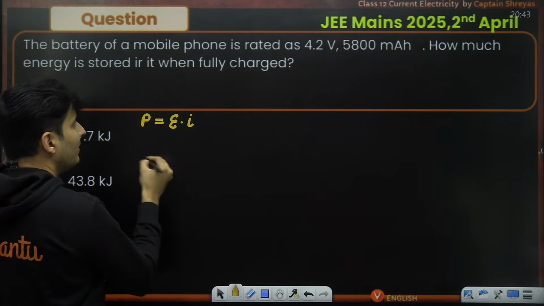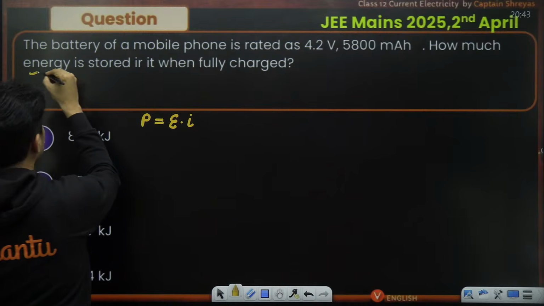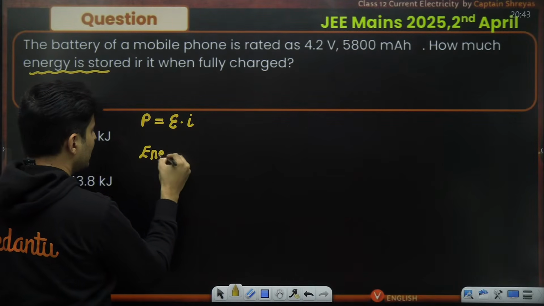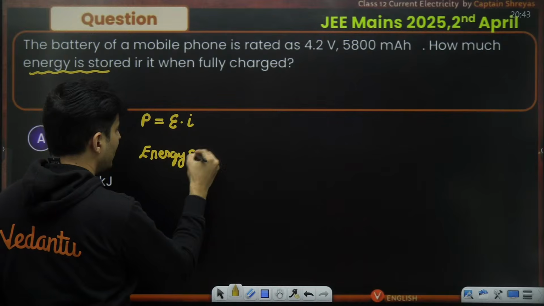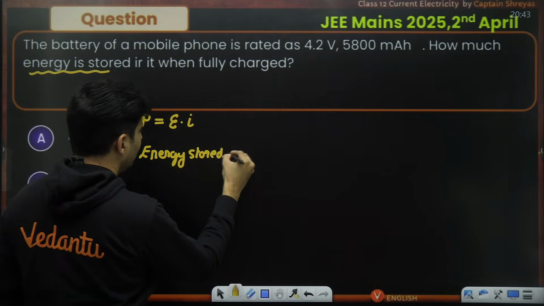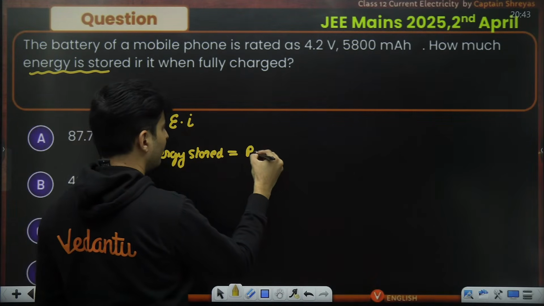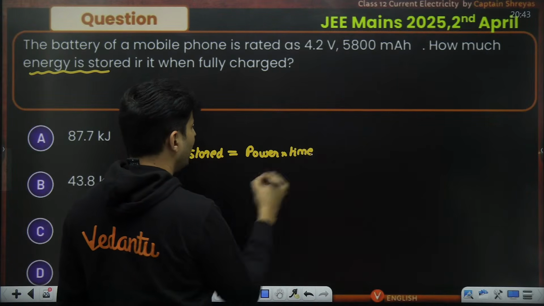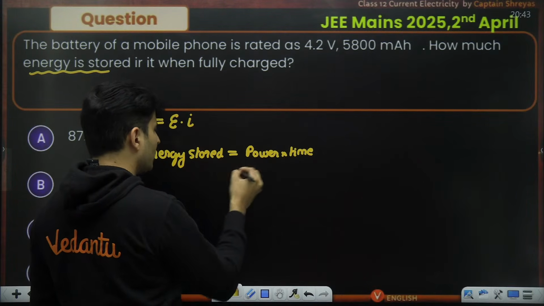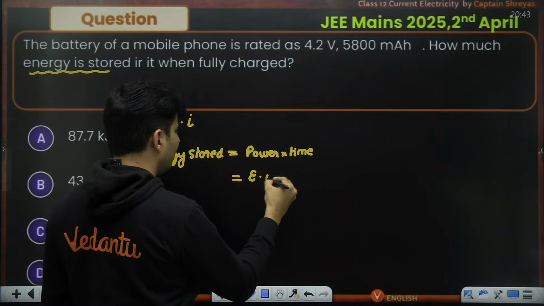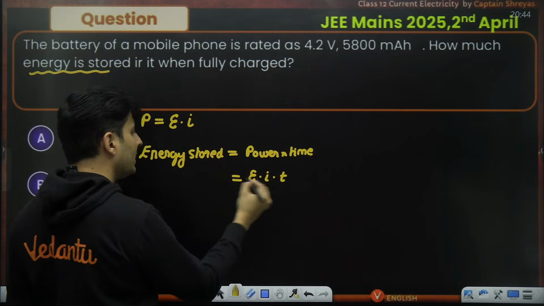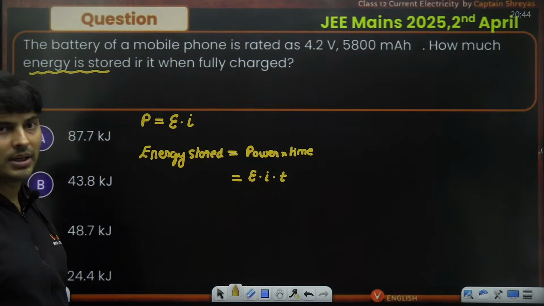But if you want how much energy is stored, you take that power and multiply it by the time. So the power is nothing but EMF multiplied by the current, and you multiply it by the time. That will give me the energy stored in it.